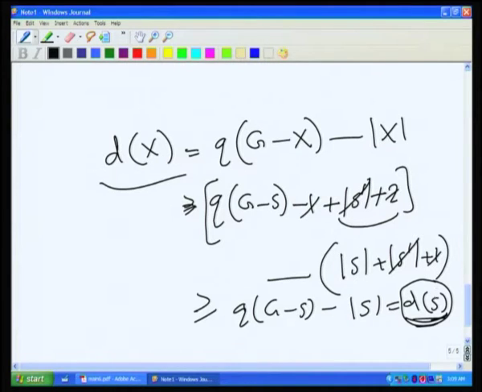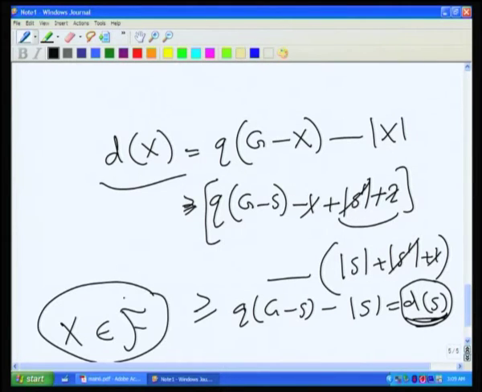So, this has to be equal to this. So, we infer that x also is an element of F, and then why do we not select x instead of S?